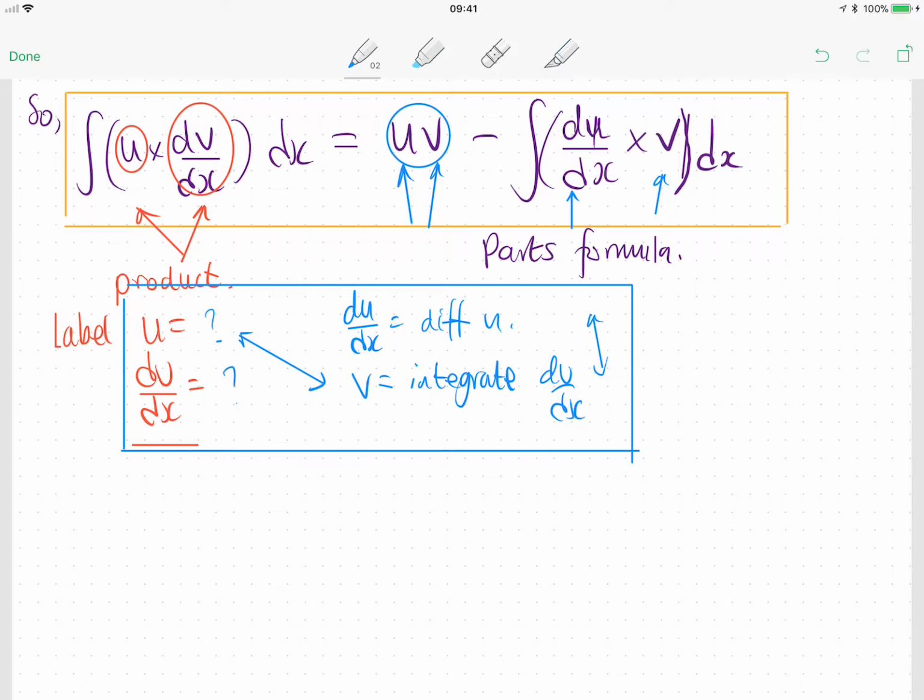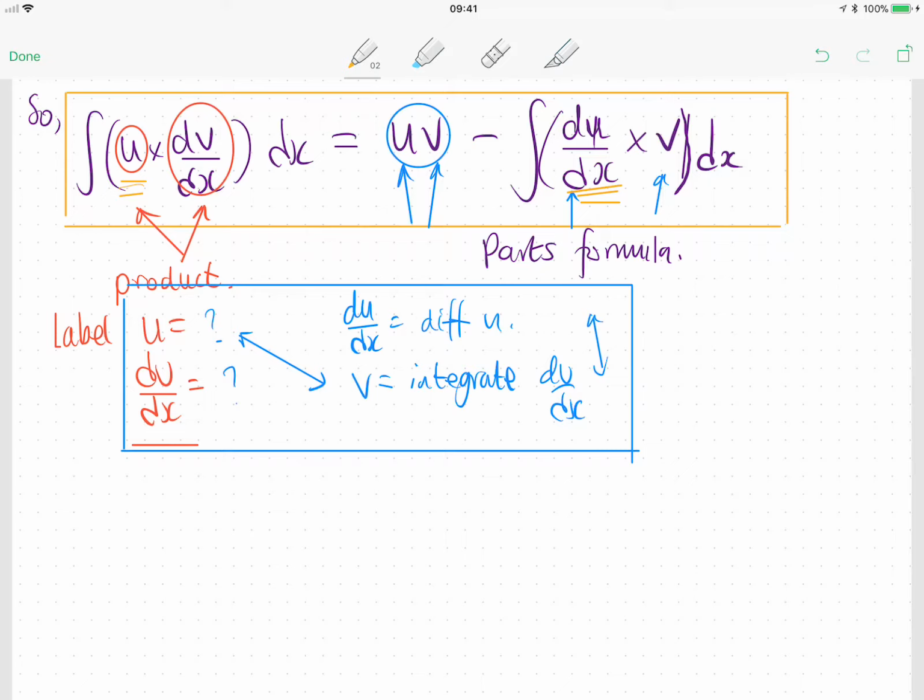Okay, that's just a labeling exercise, really. So what about the problem itself? What's actually going on at a much deeper level? Well, we're taking something with a u in it, which I've already heavily labeled here, and we're changing it to a du dx.